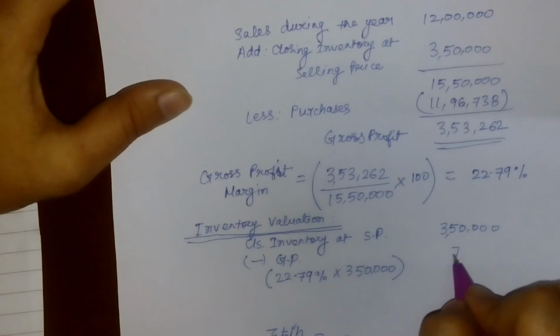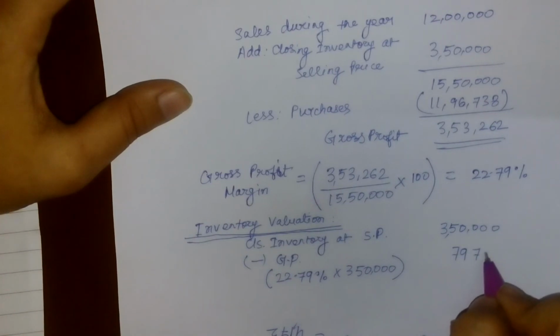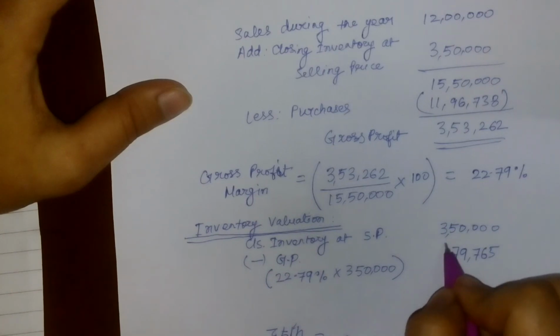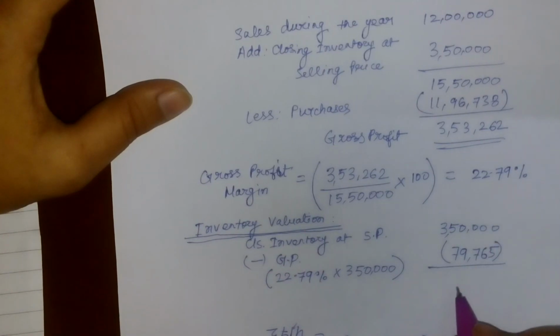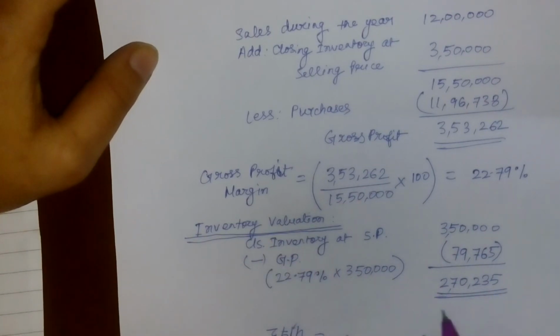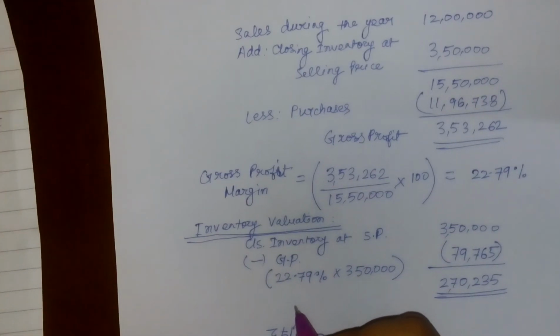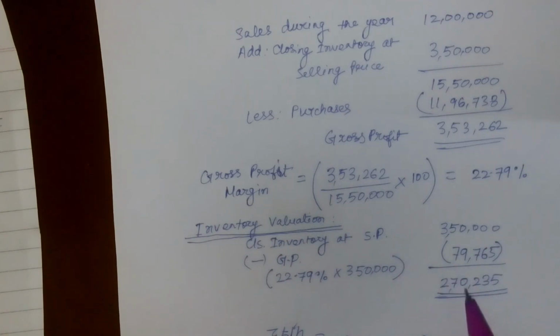So that comes out to be 79,765. We'll less from this and we'll get 2,70,235. This is the value of closing inventory at cost. Of course, whenever we value it at cost, that is why we deducted gross profit from the sales value and selling price, and we got it at the cost price. So that is the value of inventory according to adjusted selling price method.